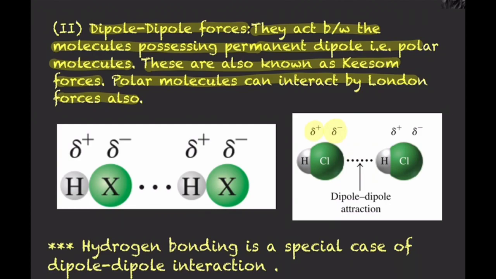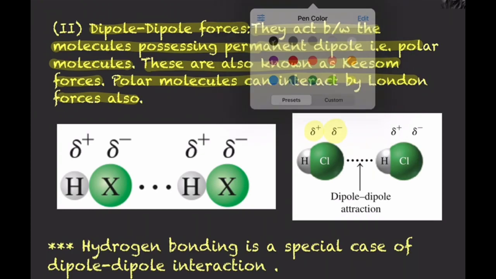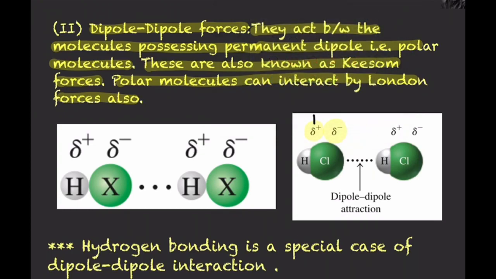In chemistry, when we denote the sign of dipole moment, it is from positive charge towards negative charge. So this is the sign of dipole moment. So there is a dipole moment in the HCl molecule and it is permanent. So between one HCl molecule and another HCl molecule, there is dipole-dipole attraction.